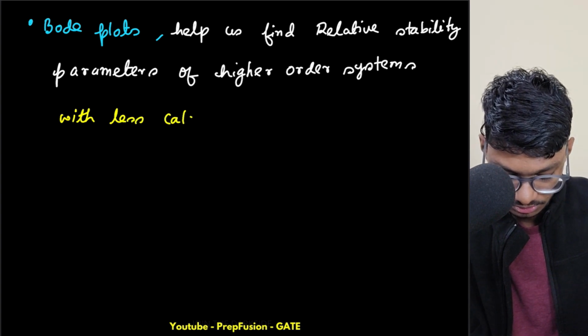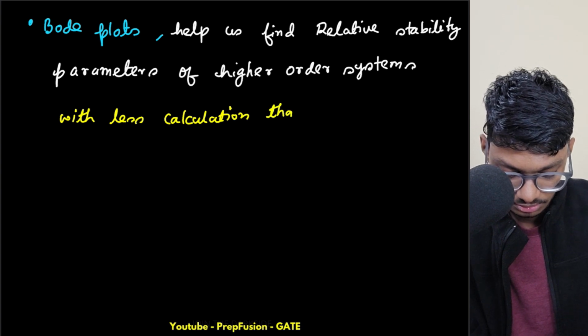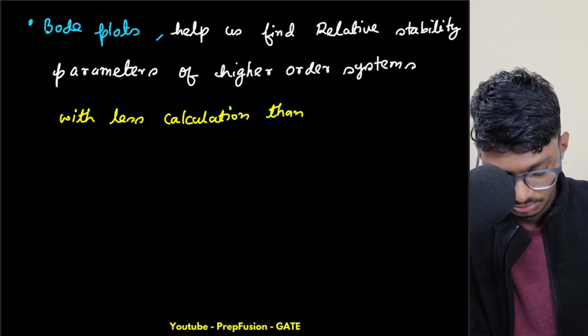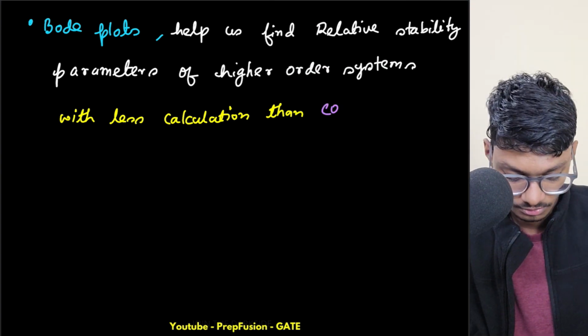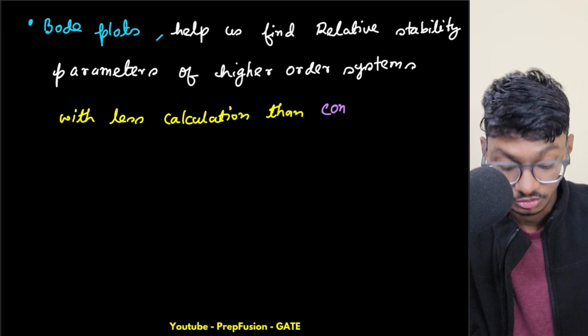The conventional method was simply to equate the magnitude equals to 1.